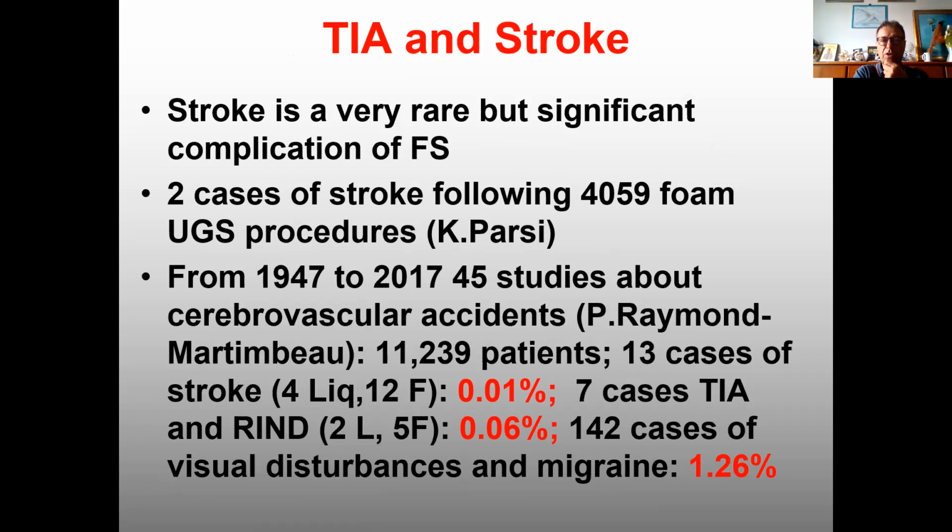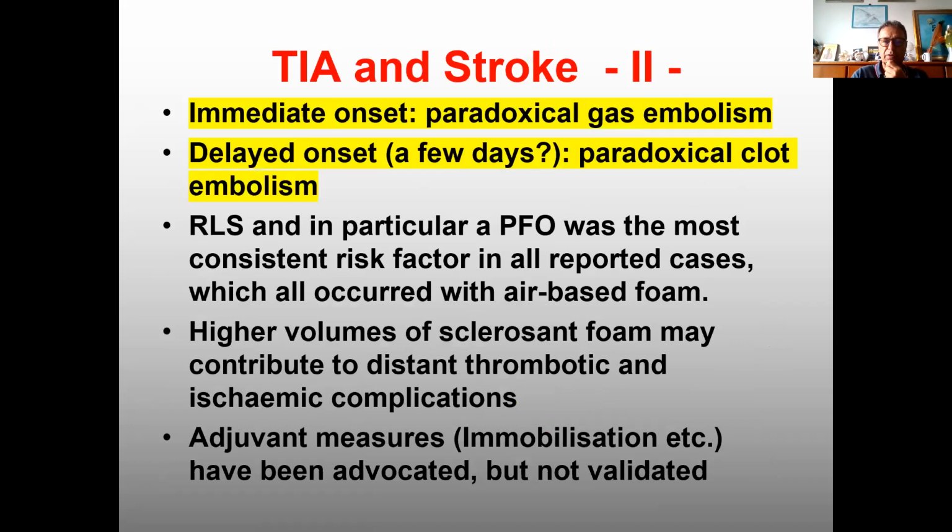And if we look at this literature review from Raymond-Martimbeau, she investigated articles where more than 11,000 patients were treated, and she found quite low percentages of stroke, 0.01%, and of TIA or RIND, 0.06%. Of course, a higher rate of visual disturbances and migraine was reported in these studies, 1.26%.